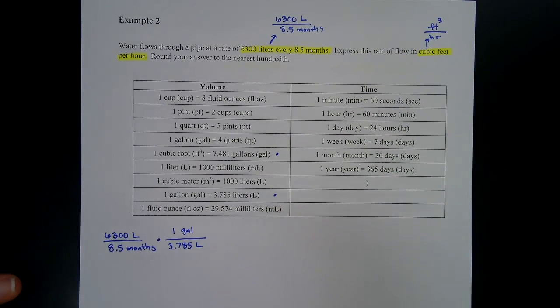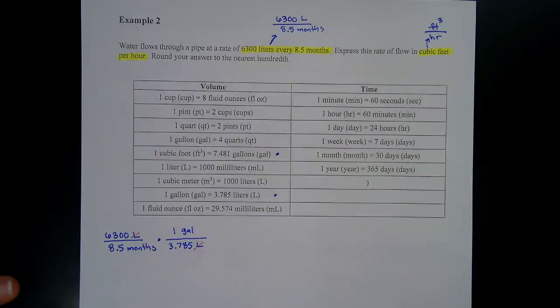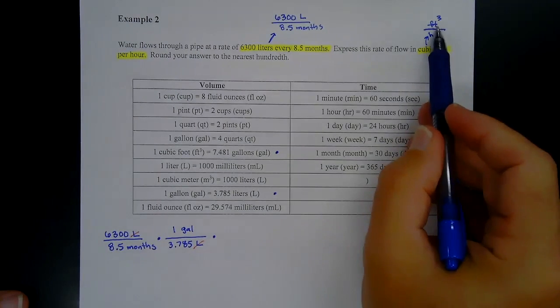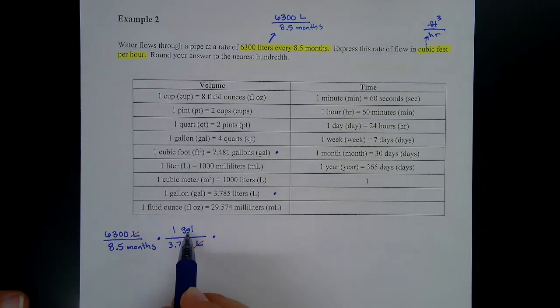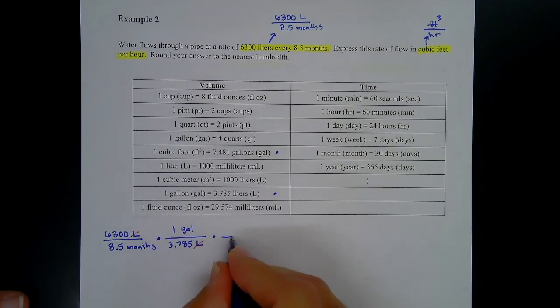If I cancel units right now, this liter would cancel with this liter, and what we would have is gallons per month. So what do I want to multiply by? Now I want to get it to be cubic feet. If I use this one, I can change this gallons to cubic feet. So there's my next conversion.